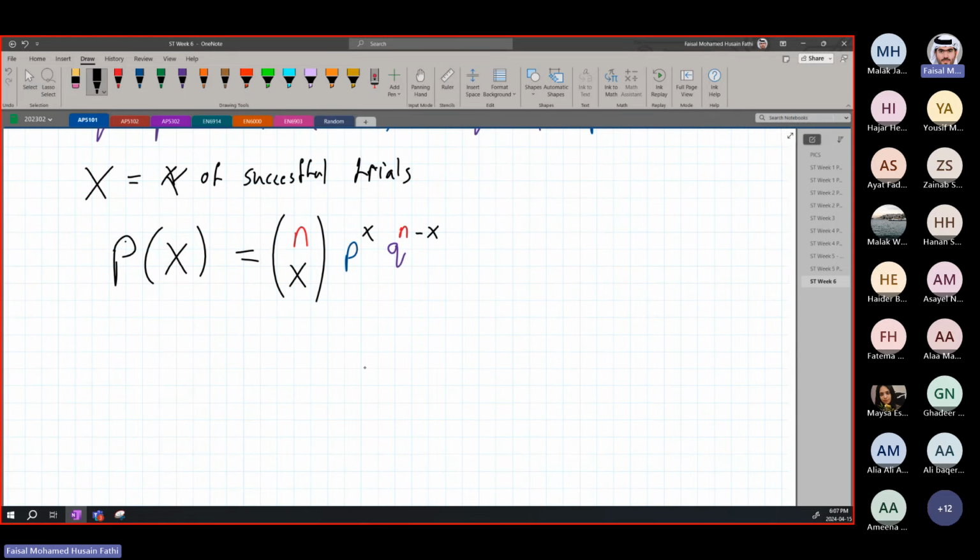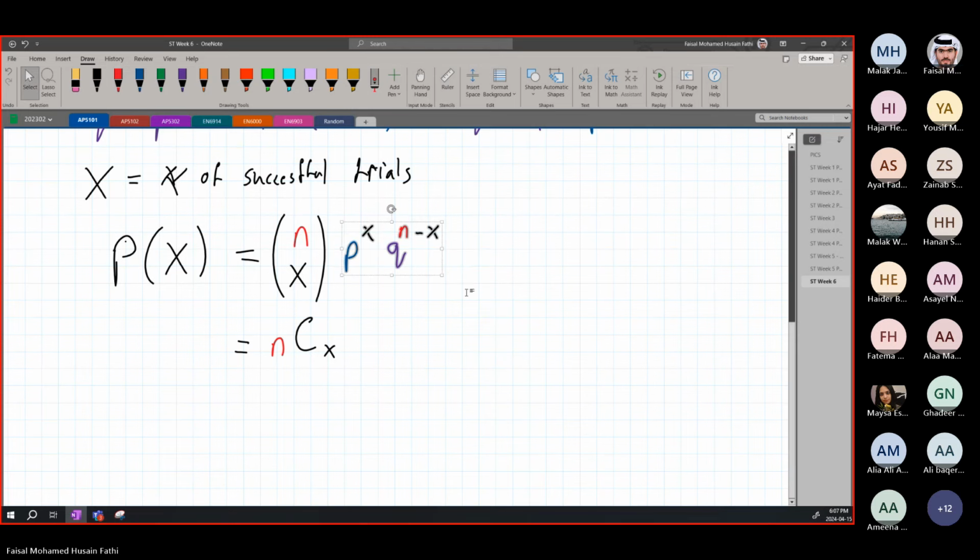All this means is this is the same as NCX. Remember our combination, NCX? So it's NCX times the rest of this, which is P to the power of X times Q to the power of N minus X.